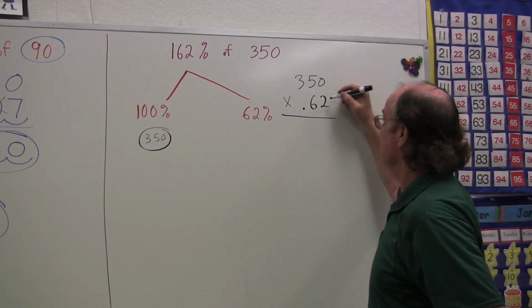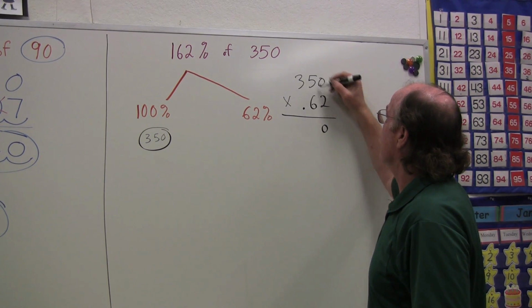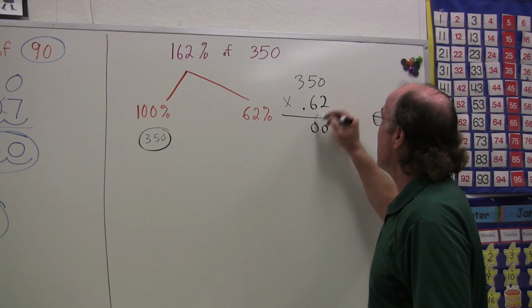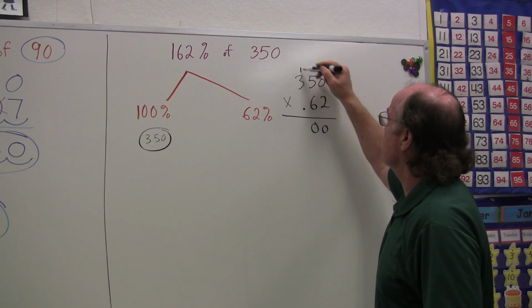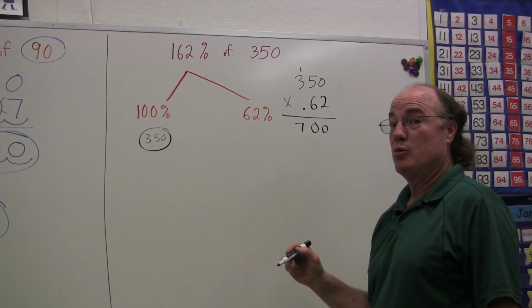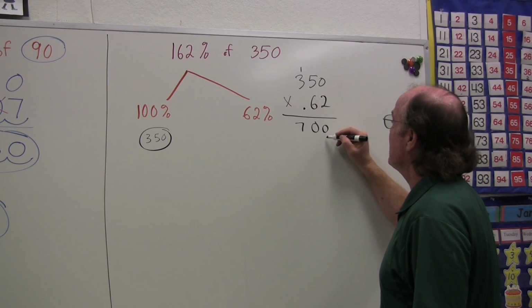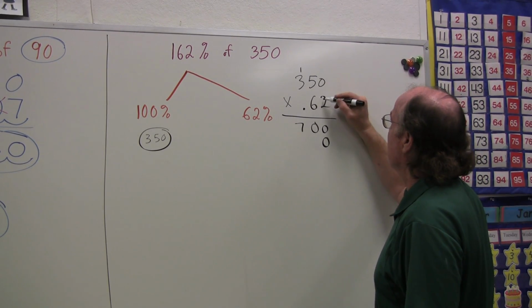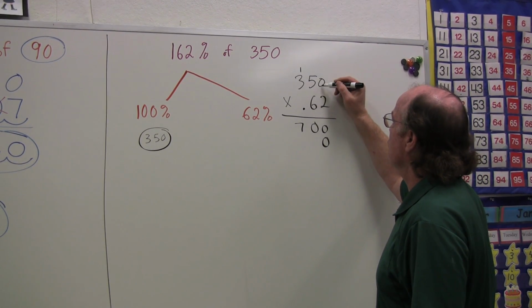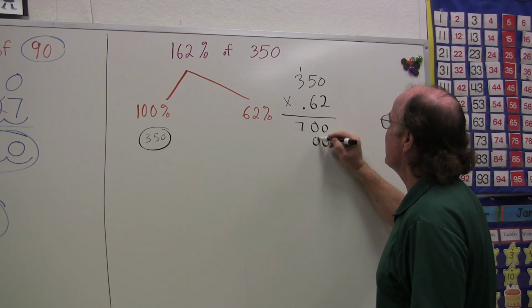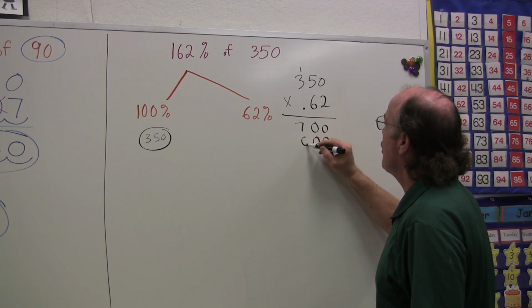But let's do it. 2 times 0 is 0. 2 times 5 is 10. Carry the 1. 6 plus 1 is 7. I hope I'm doing this okay so far. Now, this is 350 times 60, so we start with a 0 here, because we already did the 2. Now, 6 times 0 is 0. 6 times 5 is 30.